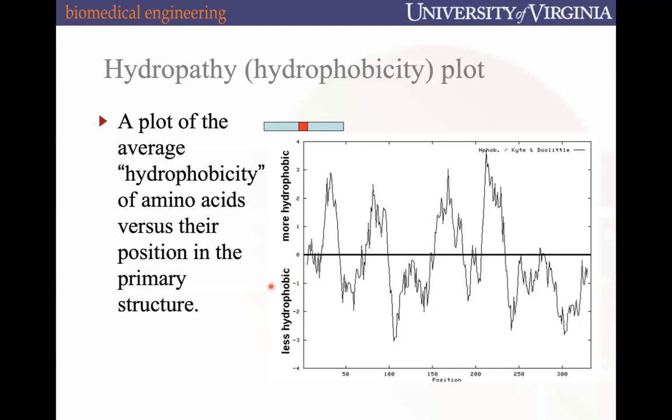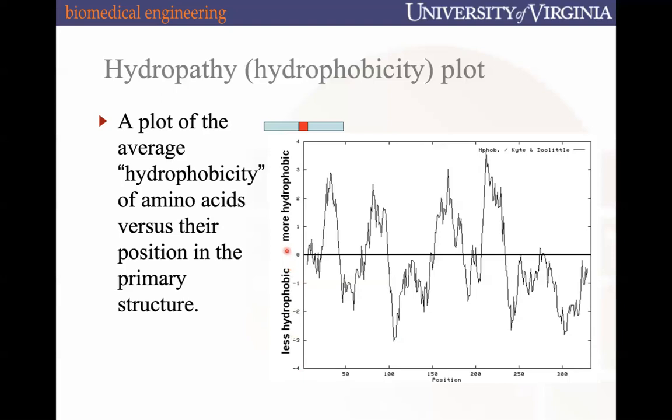Because in these membrane-spanning parts of a protein, it doesn't matter if you just have one hydrophobic amino acid, you need a whole length of them. So some of those are going to be more hydrophobic or less hydrophobic, but you want the average across a length of that protein to be overall hydrophobic. So above 0 would be hydrophobic, below 0 would be less hydrophobic or more hydrophilic.